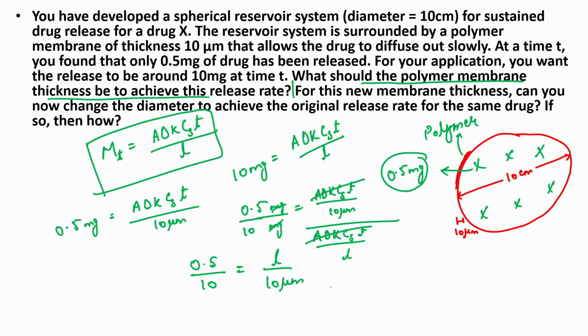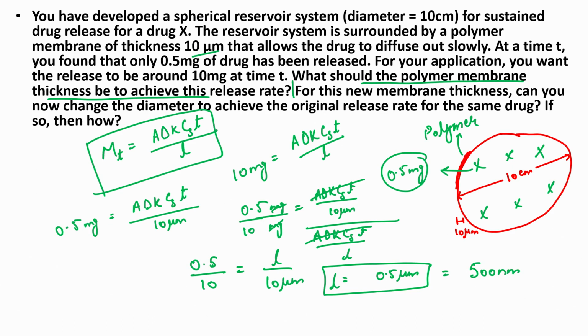So, L can go on the other side, and we will have this thickness to be 0.5 micron, which means that if we now decrease the thickness from 10 micron to 0.5 micron, we will be able to achieve that. So, this is nothing but a 500 nanometer polymer thickness layer.